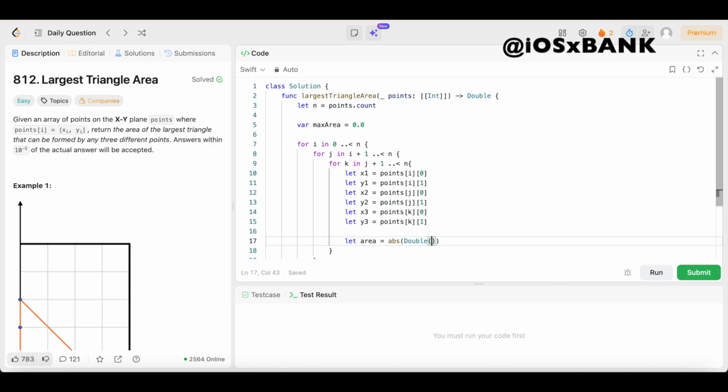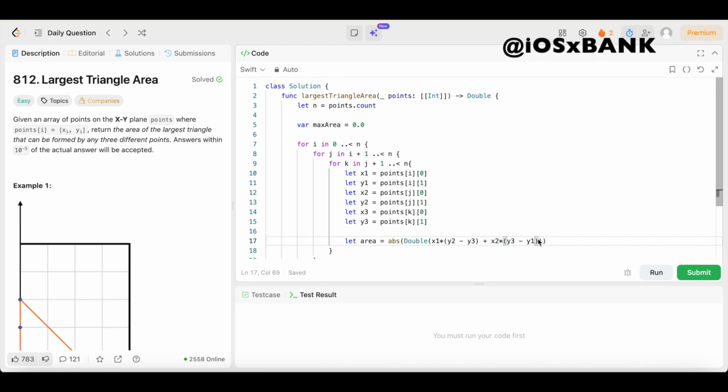We're going to say x1 times, open up the parentheses, y2 minus y3. Come outside of those parentheses, plus x2 times, open up the parentheses, this time y3 minus y1.